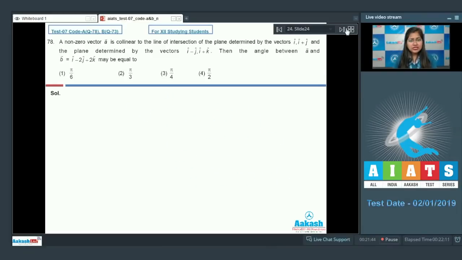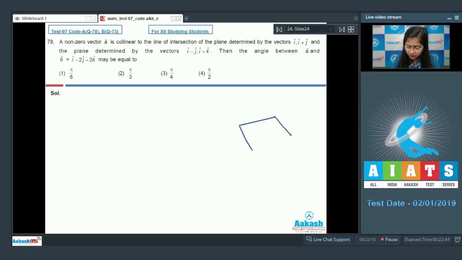Next is question number 78, which says that a non-zero vector a is collinear to the line of intersection of the plane determined by the vectors i cap, i plus j cap, and the plane determined by the vectors i cap minus j cap, i cap plus k cap. Then the angle between a vector and b vector, that is i cap minus 2 times j cap plus 2 times k cap, may be equal to.